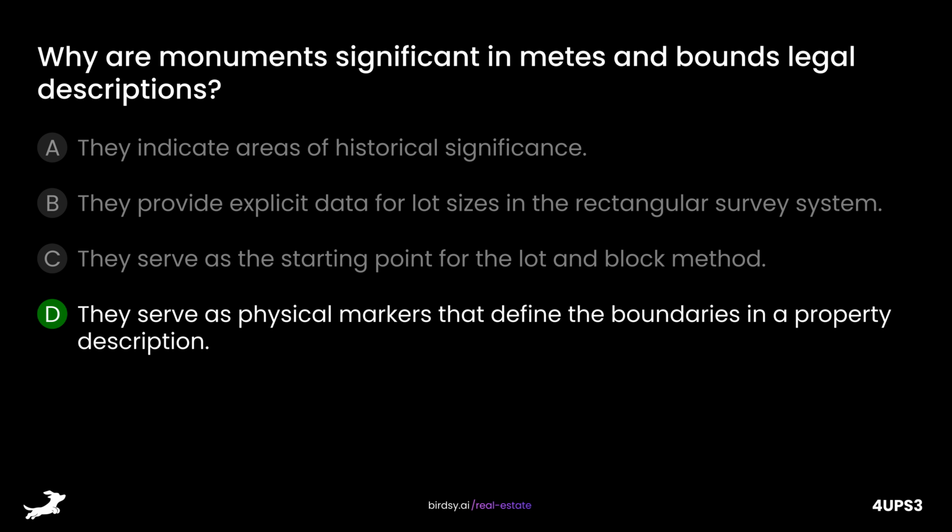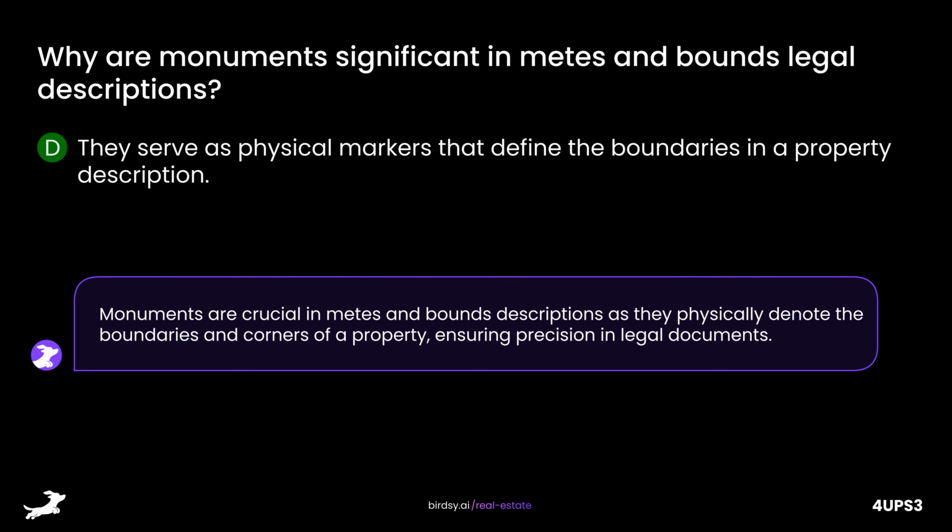The answer is D, they serve as physical markers that define the boundaries in a property description. Monuments are crucial in meets and bounds descriptions as they physically denote the boundaries and corners of a property, ensuring precision in legal documents.